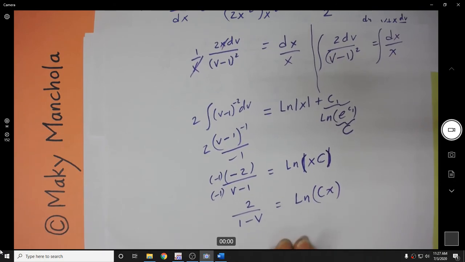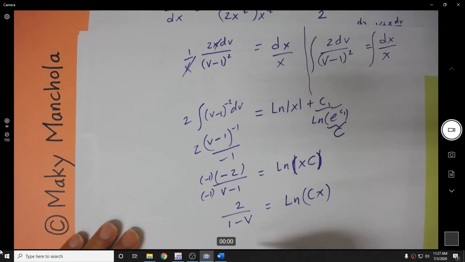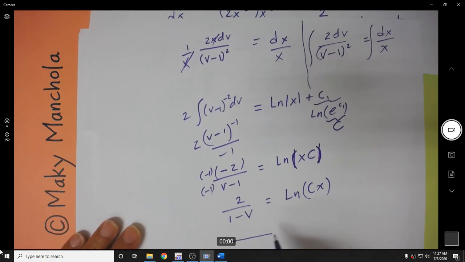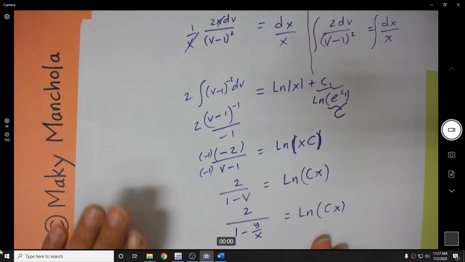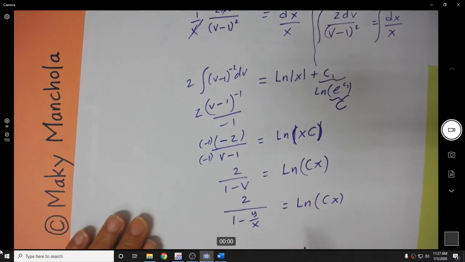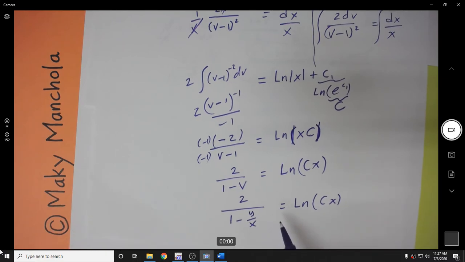The last step now is to retrieve back the original variables. Remember that v is y over x. So this left-hand side is 2 over (1 minus y over x), and that equals ln of Cx. Okay, that completes the solution to the second equation. Now what's left is the algebra.